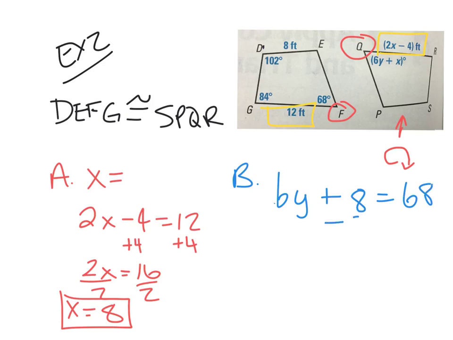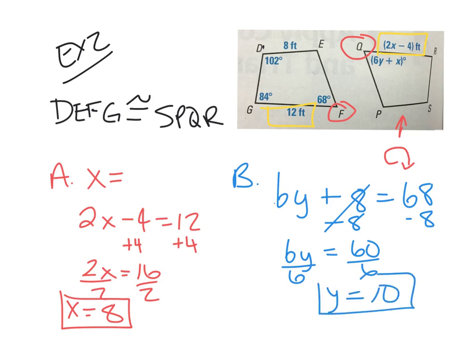All right, so then we subtract 8. So y equals what? 10. So there's your two answers. A is x equals 8 and B is y equals 10. Any questions? Good.